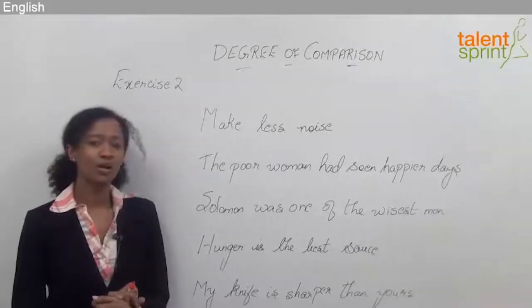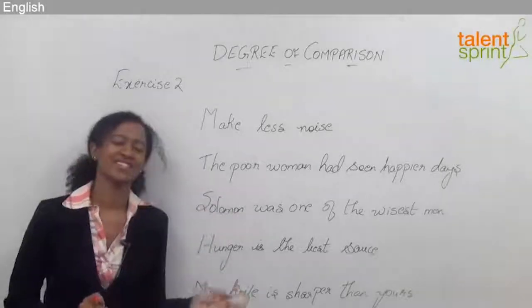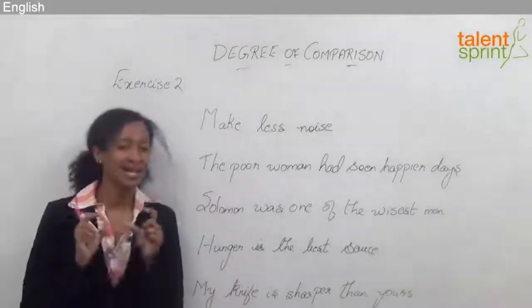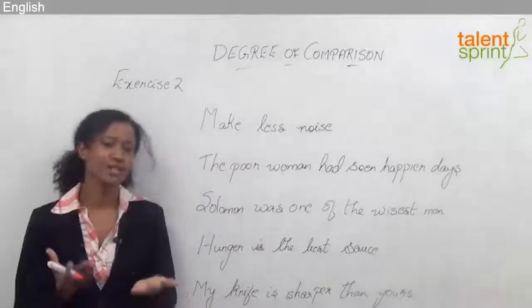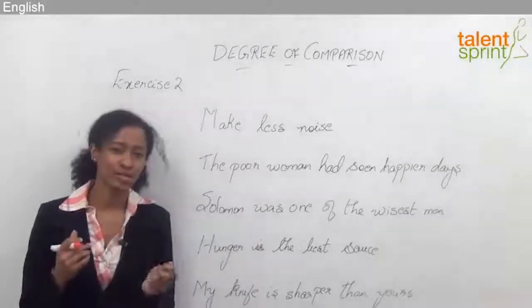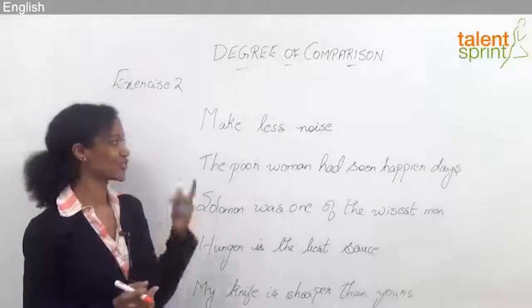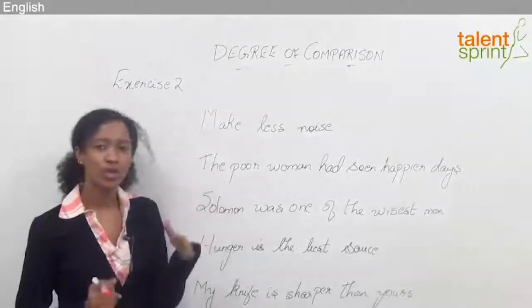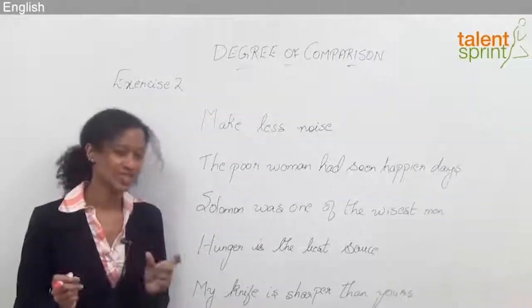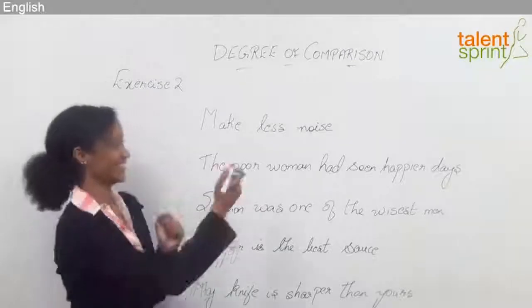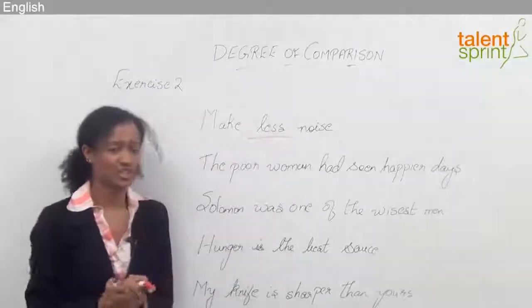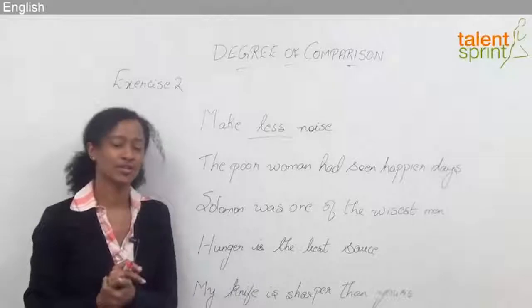Okay, so there are a couple of sentences listed here. What I want you to do is identify the adjective and tell me which degree of comparison it belongs to. Let's look at the first one. Make less noise. Which is the adjective here? Less is my adjective. But what degree of comparison is it?